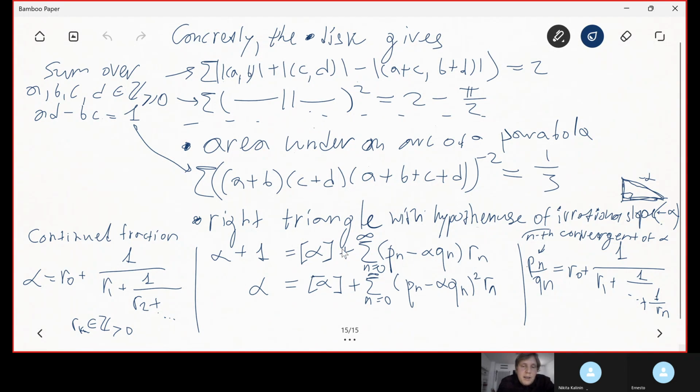Anyway, and the most peculiar of all these formulas, I find, is actually for the right triangle with one irrational hypotenuse of the slope minus alpha, where alpha is positive. Those are really funny looking formulas for alpha in terms of continued fractions. So I don't know if it's useful, but I like it aesthetically. Those are very similar formulas, but introducing the square makes it Q1.